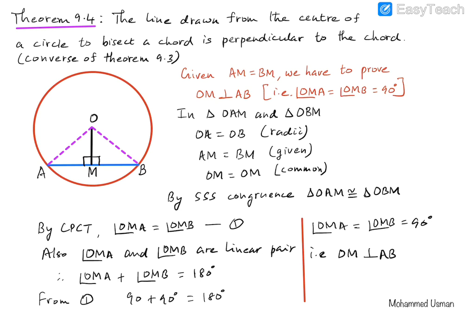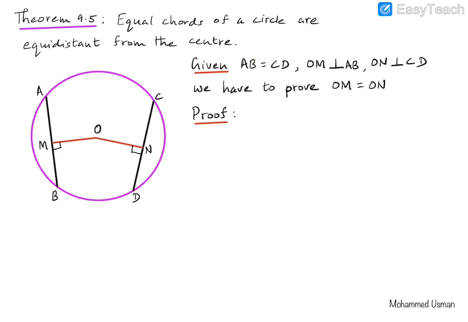Let us now look at the next theorem related to chords. The next theorem states that equal chords of a circle are equidistant from the center. So if we have two chords AB and CD, and if these two chords are equal in length, then their distance from the center of the circle is also equal. In this case, we are given that the lengths of the chords are equal.